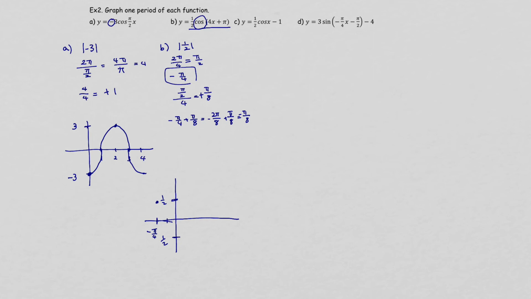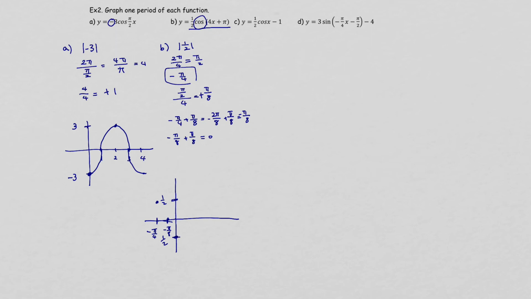So your second point should be negative pi over 8. Now from negative pi over 8, you're adding another pi over 8, that will be 0. So from here, going down, it will be there, right?